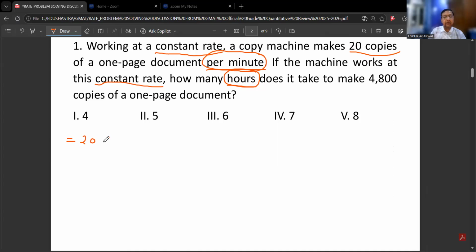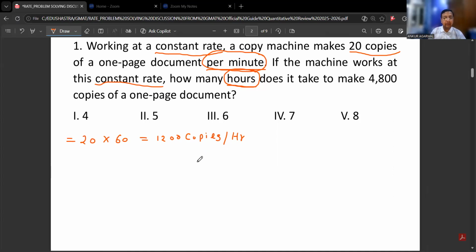So 20 copies multiplied by 60. This comes out to be 1200. So what is this 1200? It is copies per hour. This many copies are made in 1 hour.